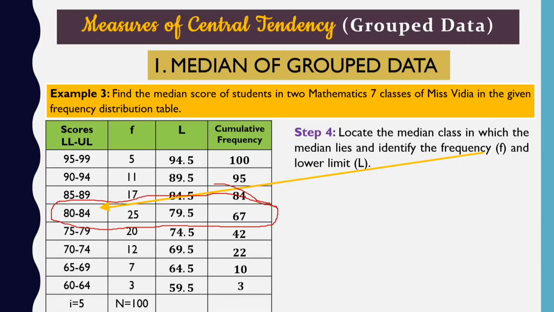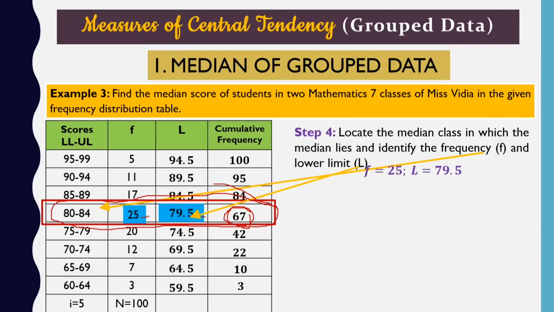Our clue is that we have here the cumulative frequency which is higher than 50. It is 67. So we consider this interval. That is where we will obtain the value of f and the value of L. The value of our frequency is 25, and the lower boundary or exact lower limit is 79.5.